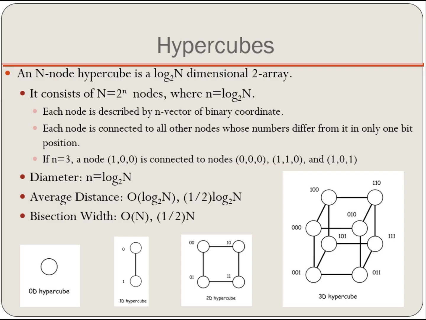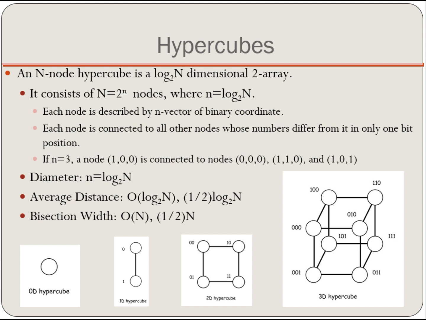For example, when the label of this node is 1,0,0, all the nodes that differ from it in only one bit are its neighbors. The difference in the first bit gives this node, so you have a connection.